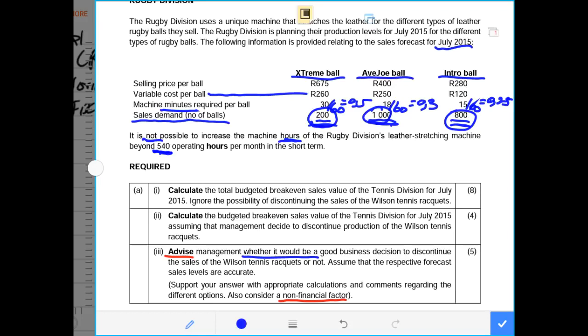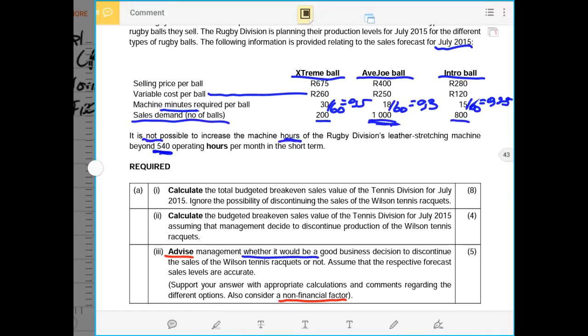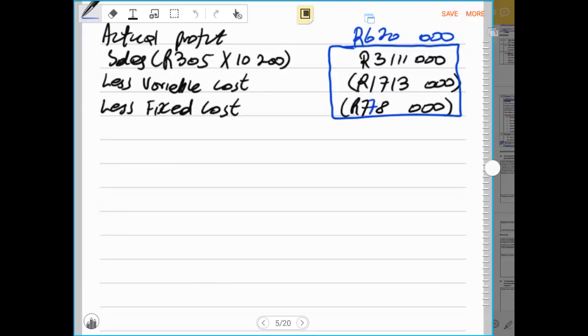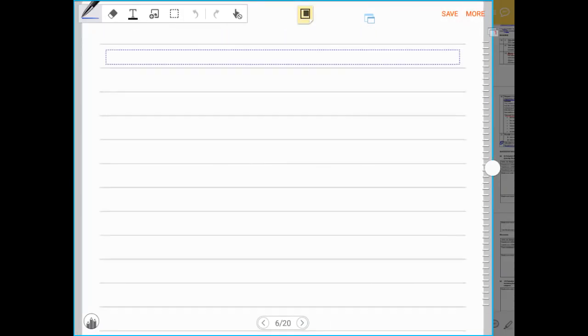Then the minute we know the number of hours, we can compare the required hours to manufacture the sales demand with the limited hours of 540. If there's a shortfall, then we have to do the ranking and the allocation of the limiting factor, which is the hours, according to the rankings using the contribution that we would have calculated. So let us first calculate the required hours. Always that will be the starting point when you deal with this question.